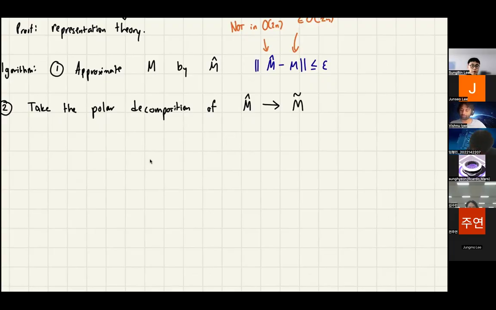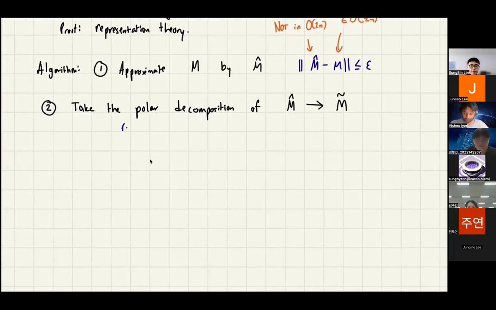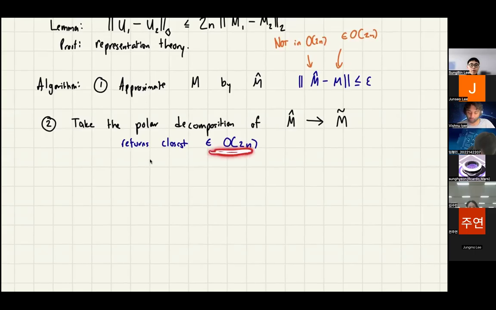The polar decomposition returns the closest element of O2n. What does it mean? It returns the closest element that's still an orthogonal matrix.